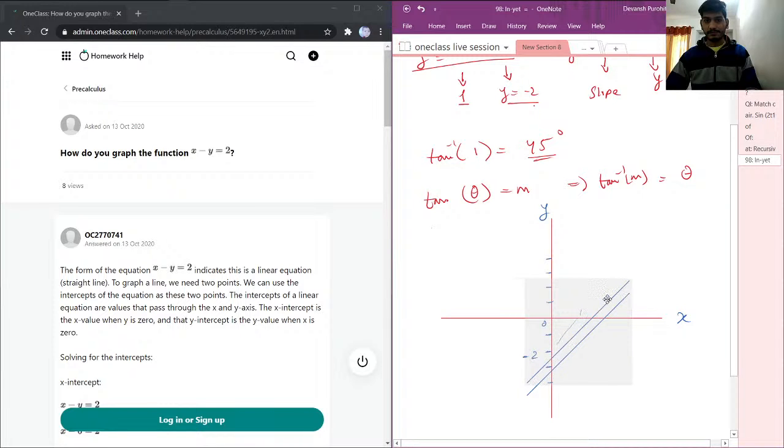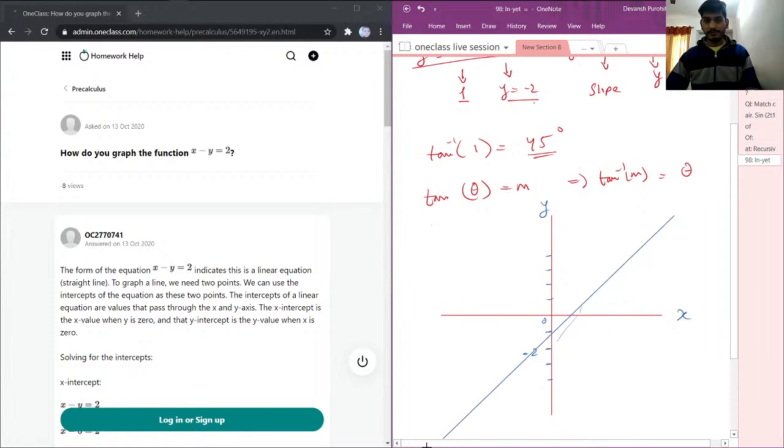It is very difficult to just, yeah, finally. Now I will just extend this line further.